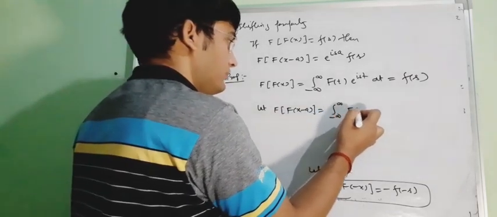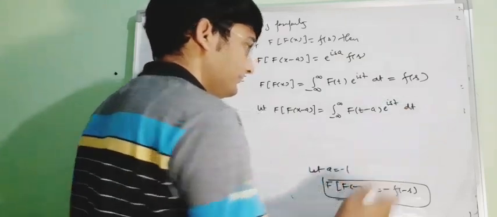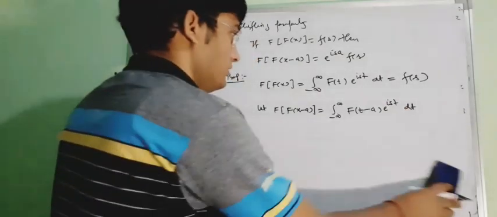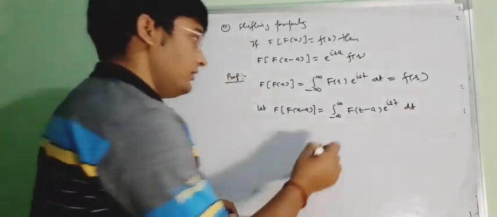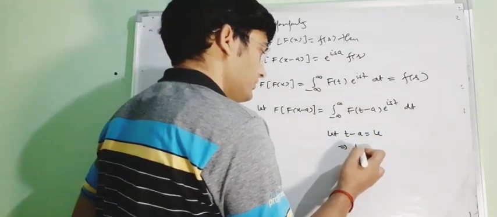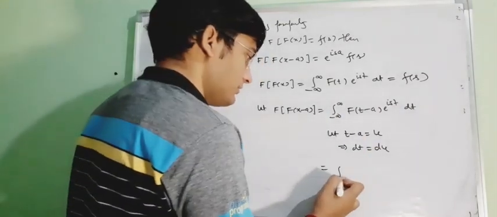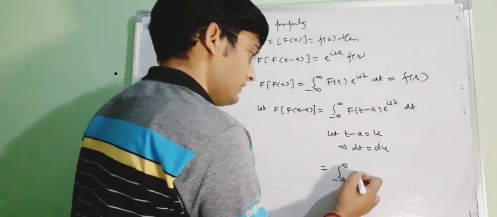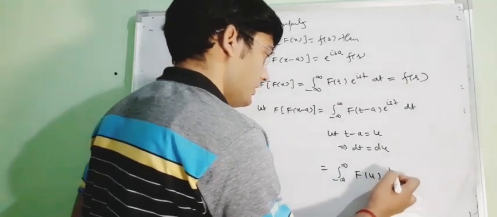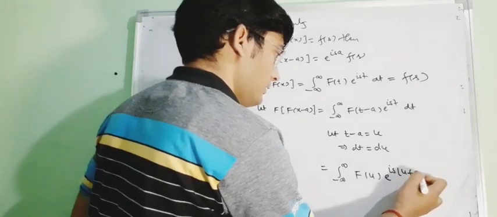So we will get f(t minus a) e to the power ist dt. So again, let t minus a equal to u, then we will get dt equal to du, and there will be no change in the limits, so we will get the integral from minus infinity to infinity of f(u) e to the power is, and now in place of t we will have u plus a and dt is du.